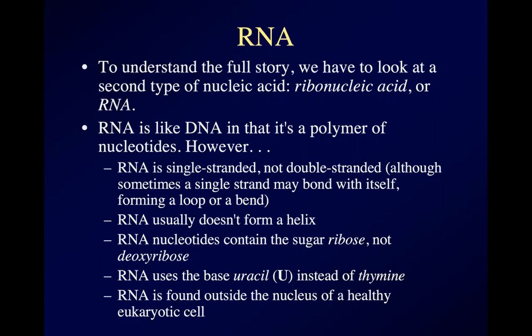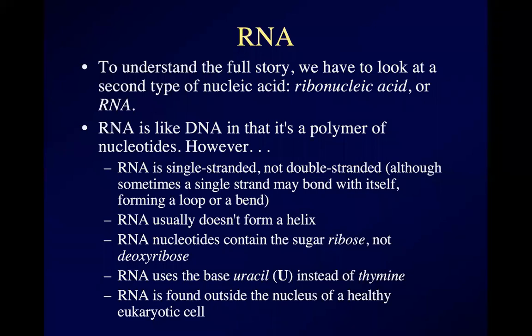You can make double helix-shaped RNA, and sometimes you'll get strands of RNA that bond to themselves. So you'll have a kind of hairpin loop structure that may have some double helix parts. But by and large, RNA doesn't form long-term stable double helices.